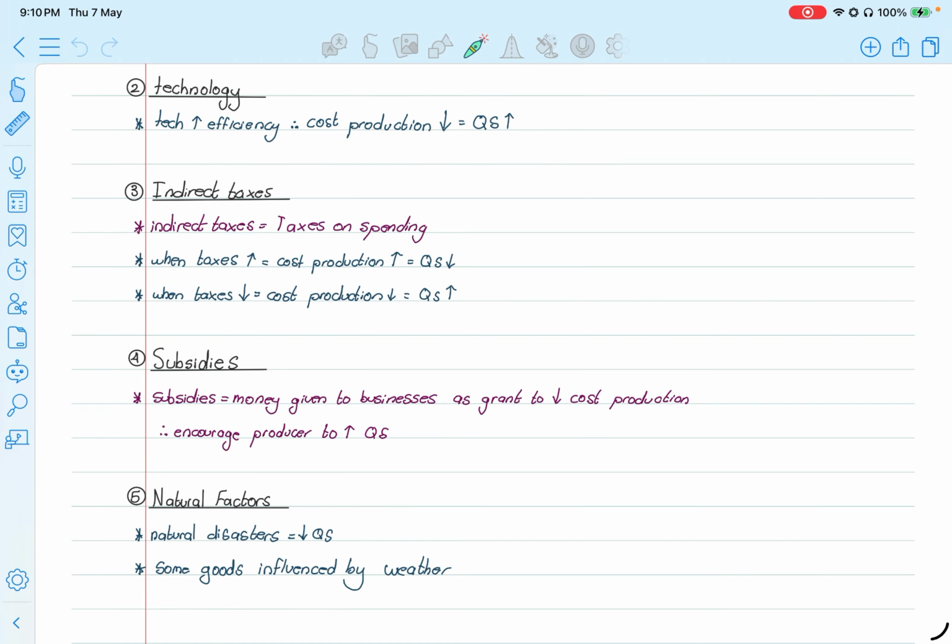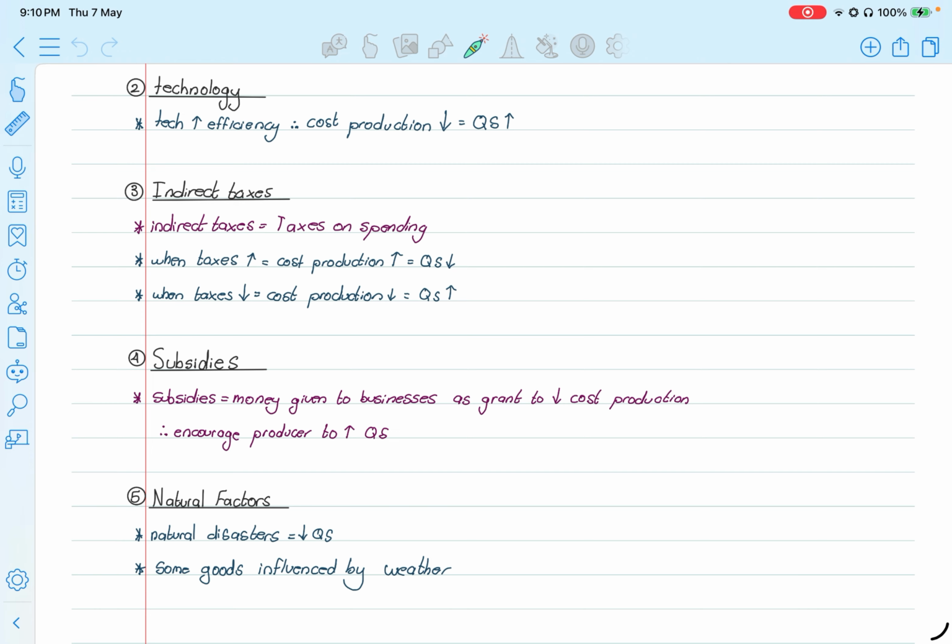Next, we've got indirect taxes. Indirect taxes are taxes on spending. So when taxes increase, the cost of production increases for obvious reasons. There are different types of indirect taxes. I don't really remember what chapter it is, but we've got indirect taxes and direct taxes.